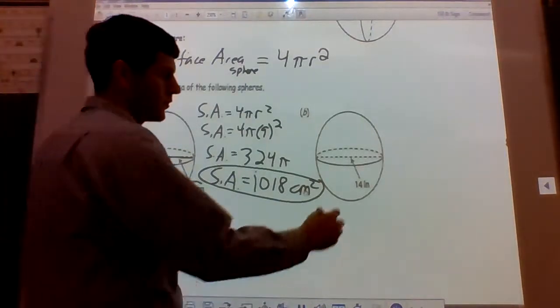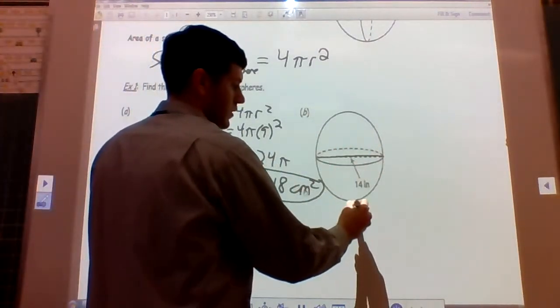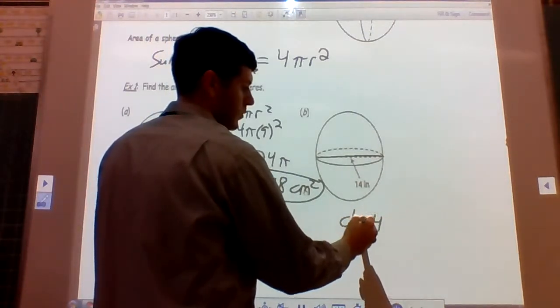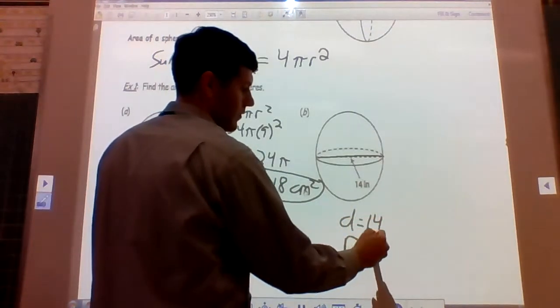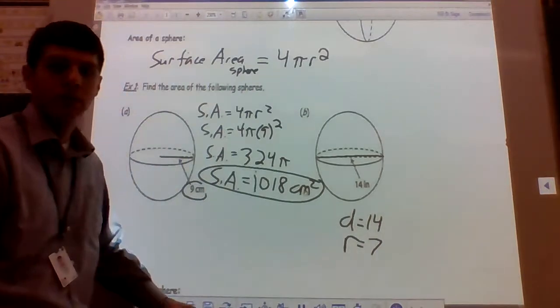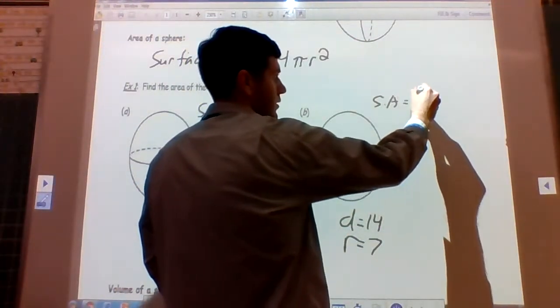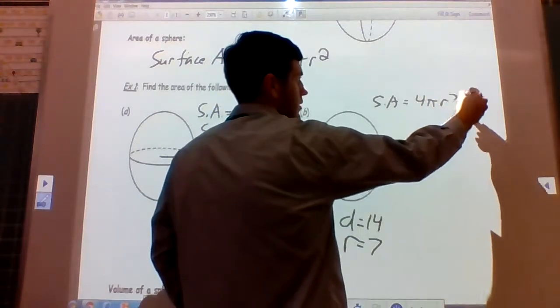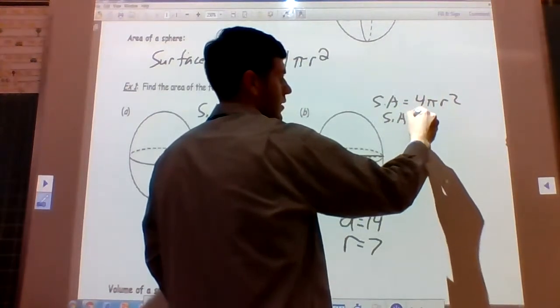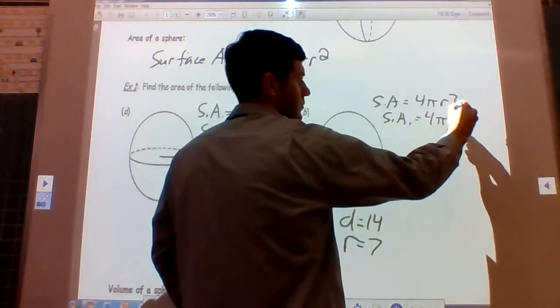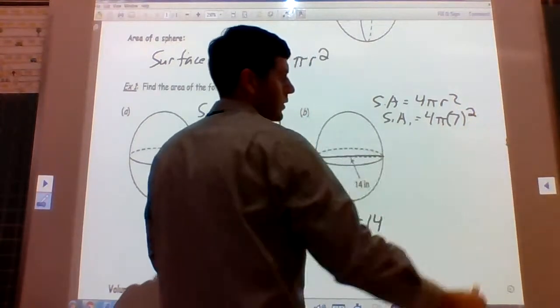Okay, this one, they're giving us the diameter. We need to use the radius, so the radius is half the diameter, so our radius is going to be 7. So the surface area is 4 pi r squared. So it's going to be 4 times pi times 7 squared.